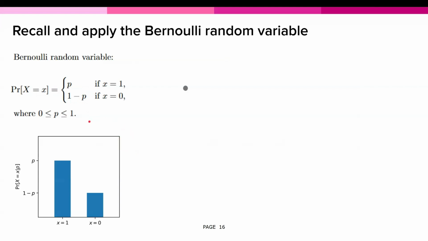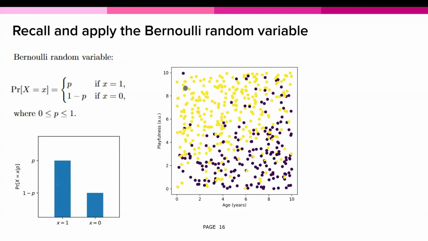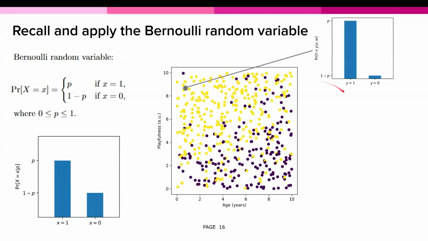And so another thing is that whereas last week our random variable was x, now our random variable refers to the outcome y. But crucially, the Bernoulli parameter p is no longer fixed. So what we actually need is for this to change based on the cat's profile. It's a conditioned probability. So for example, if a very playful kitten arrived, we would expect a high probability of adoption, a highly skewed probability mass function associated with the Bernoulli random variable.